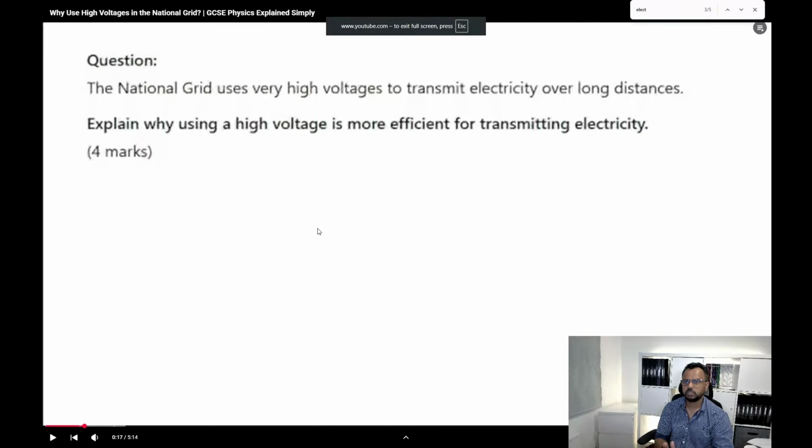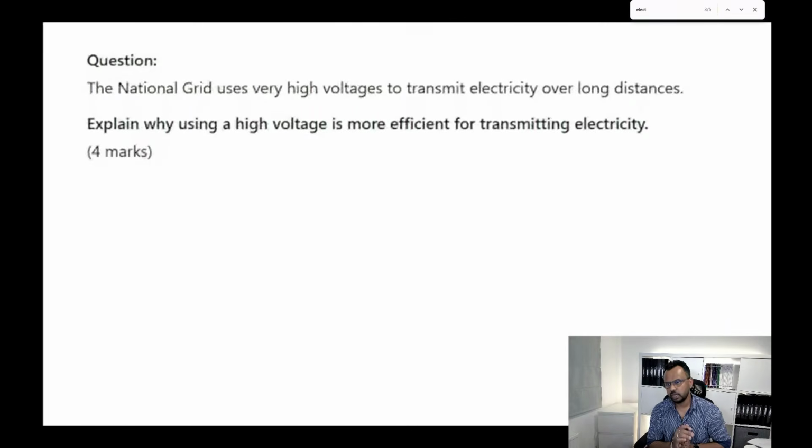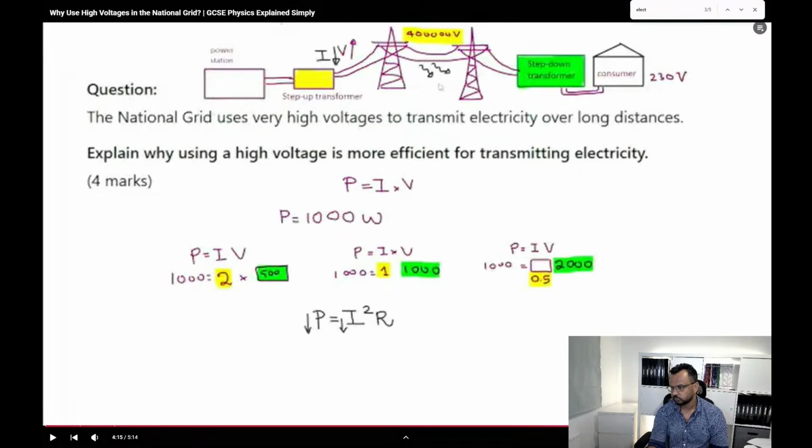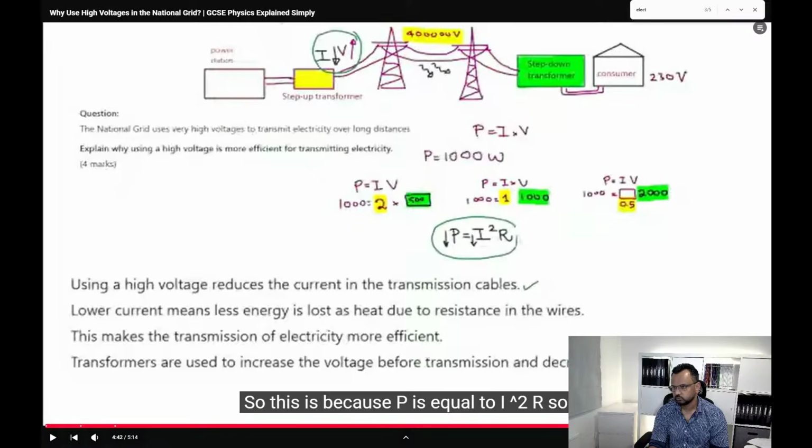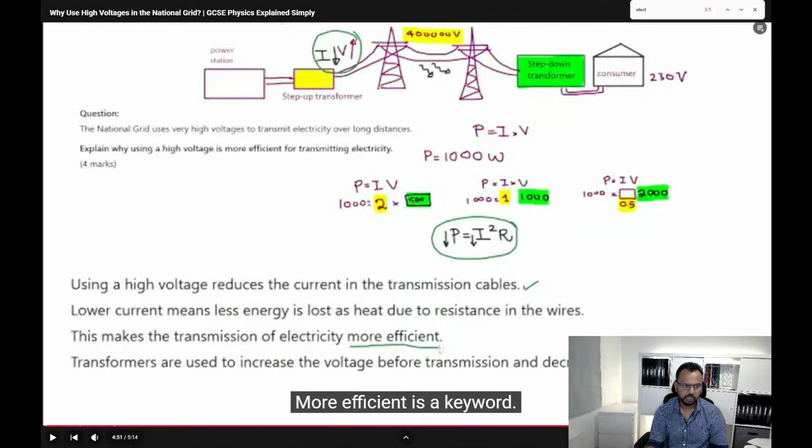So look at the question. The national grid uses very high voltages to transmit electricity over long distances. Explain why a high voltage is more efficient for this. So look at the answer, guys. Sorry about the quality of the video. It's not the best.